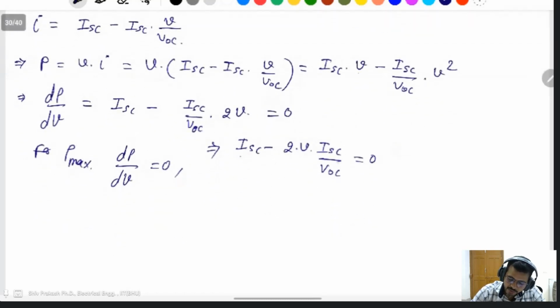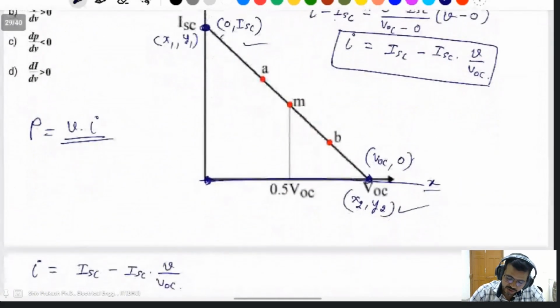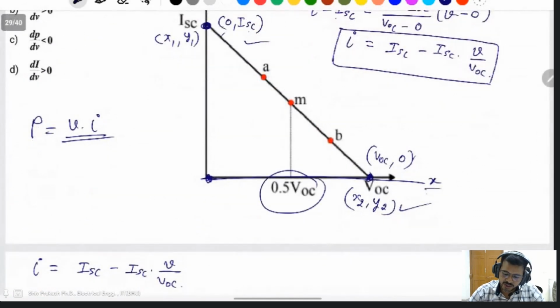Then take ISC common, it will be 1 minus 2V divided by VOC is equal to 0. That's why V is equal to 0.5 of VOC, and this is also mentioned in the question. This is VM.